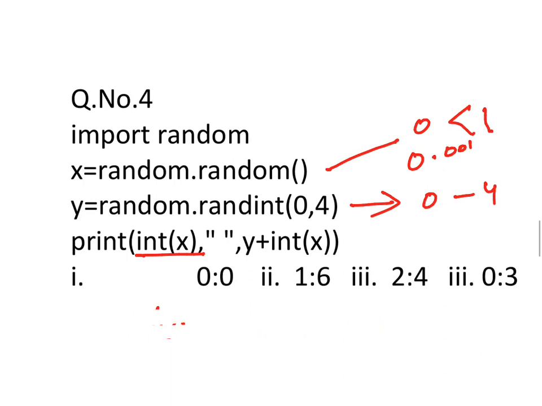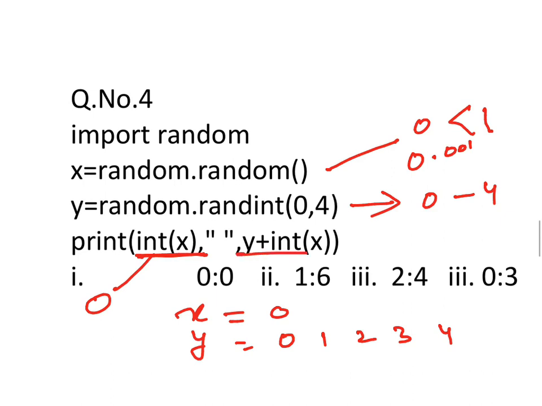The value of x will be 0, and the value of y will be either 0, 1, 2, 3 or 4. Now what are we doing here? We are printing x. So x cannot be more than 0. In this one, there is no chance that the value of x will be more than 0.